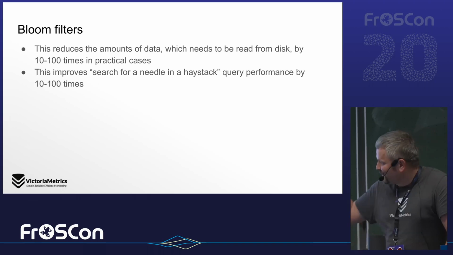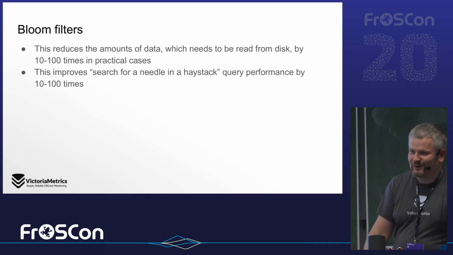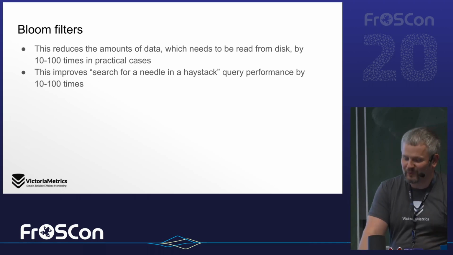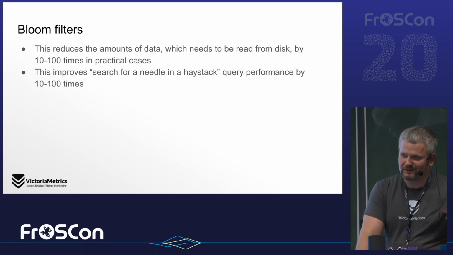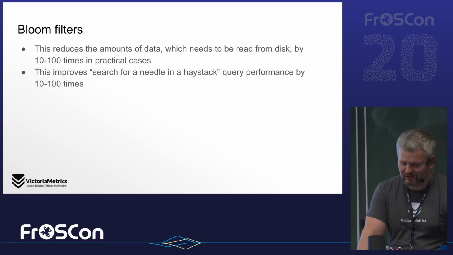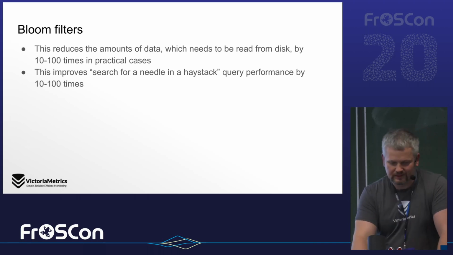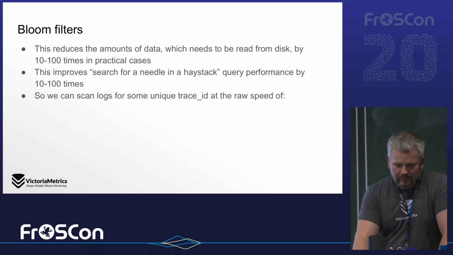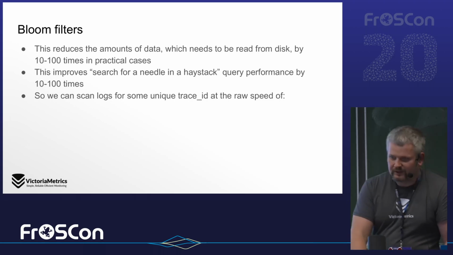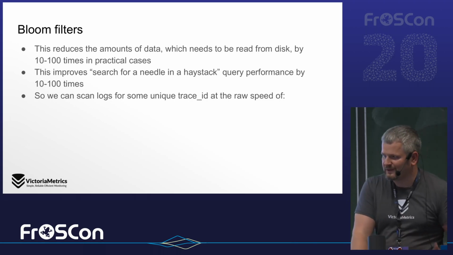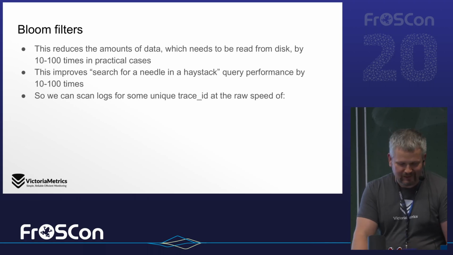And this obviously may improve query performance by up to 100 times compared to the case when we need to read all these data blocks and inspect every log stored in these data blocks. So we can scan logs for some unique trace ID at a very impressive speed. Let's calculate it.